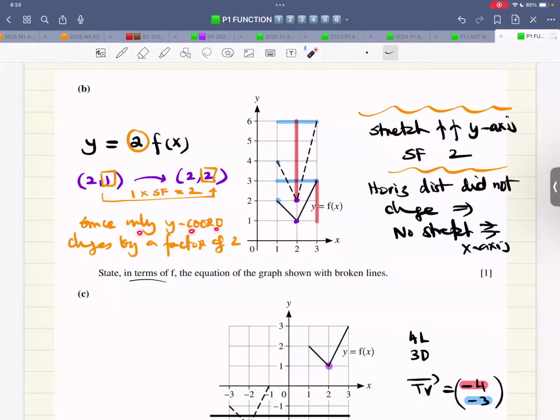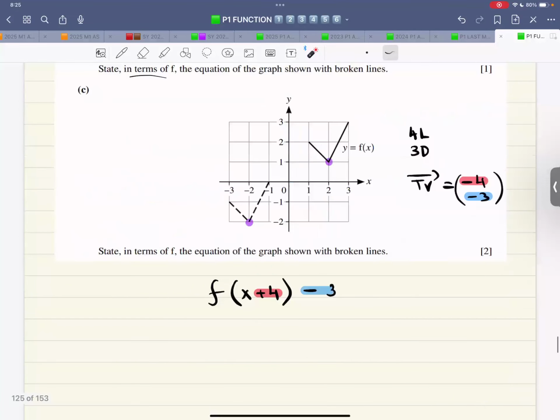Since only the y coordinate changes by a factor of 2, the stretch is parallel to the y-axis, scale factor 2. It's not stretch plus translation. It's one single transformation. Also, you can see that the vertical difference between this point and this point is 2 units, and from this to this, the vertical difference is now 4. That also confirms, yes, it's a stretch parallel to the y-axis.